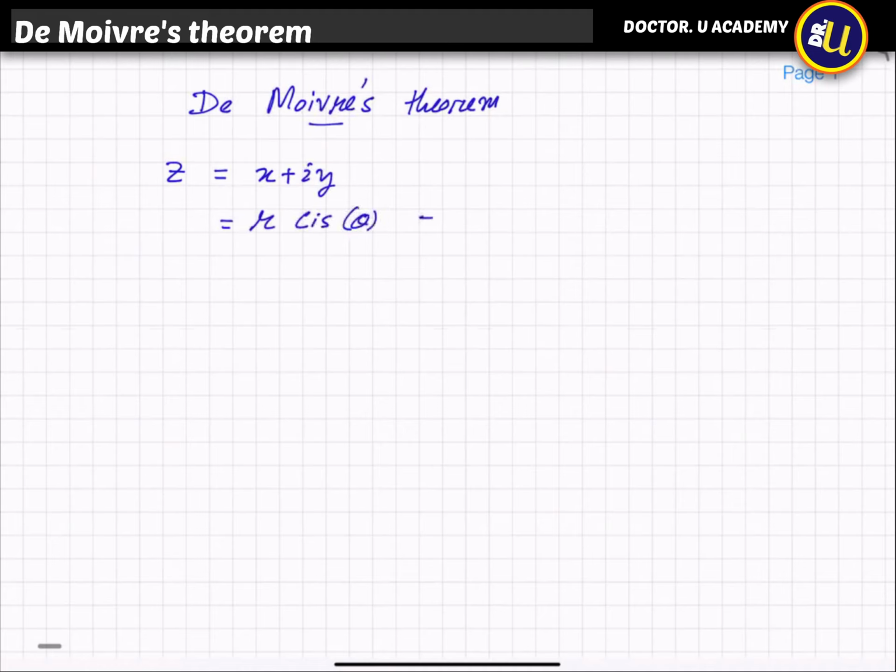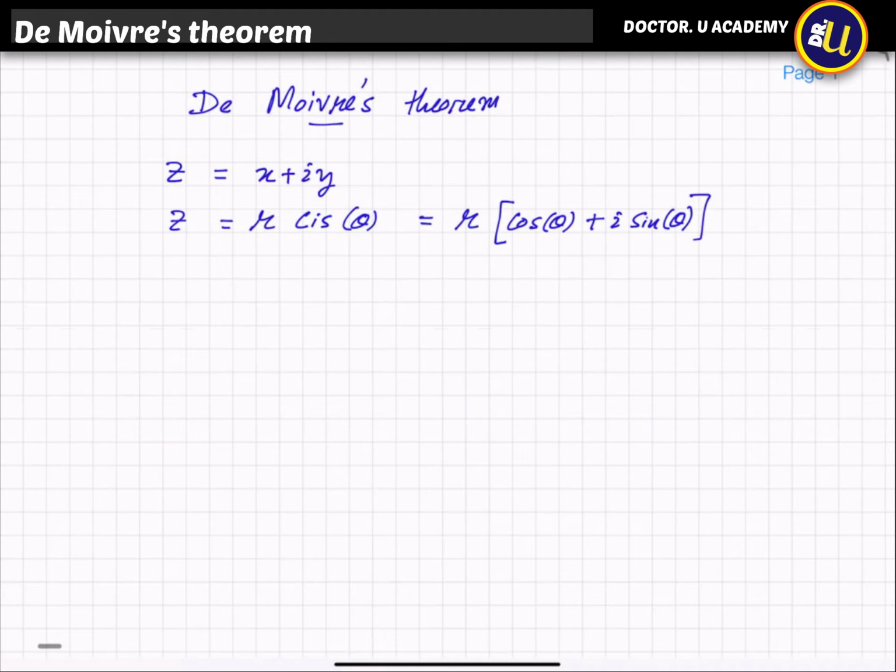If you expand it, that would be r (cos theta plus i sin theta), and then this r is common for both of these. Now this is how you define a complex number in Cartesian form and in polar form.